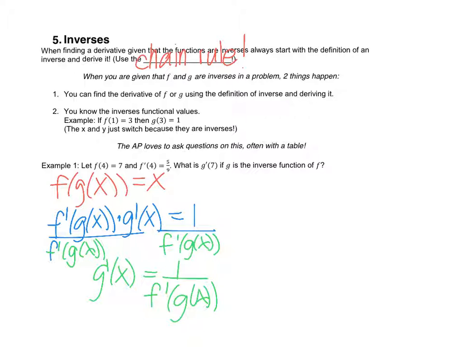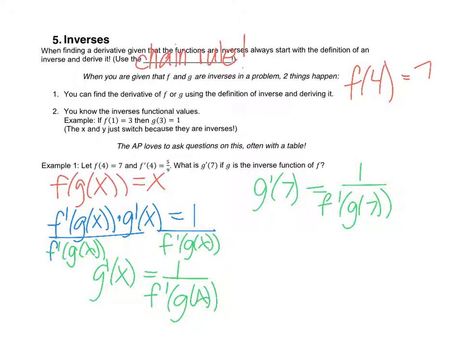Okay, so now let's start substituting in. So we know g prime of 7 is what I want to find. So that is equal to 1 over f prime of g of 7. Problem is they gave me f of 4 is 7 and f prime of 4 is 5/9. But I know that since f and g are inverses, if f of 4 is equal to 7, then that means g of 7 is equal to 4. So that's going to help me on the inside.